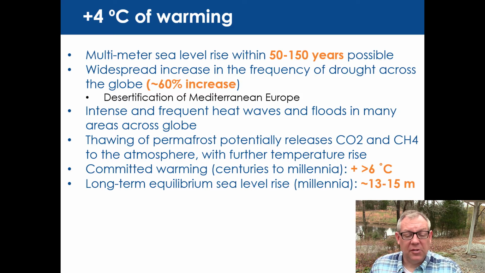And this 4 degrees Celsius of warming, this is what the models predict is going to happen if we don't do anything. And so this is sort of what we can expect to happen. And so this is like what we have to work from to try to at least stop some of this warming so some of these things don't happen.